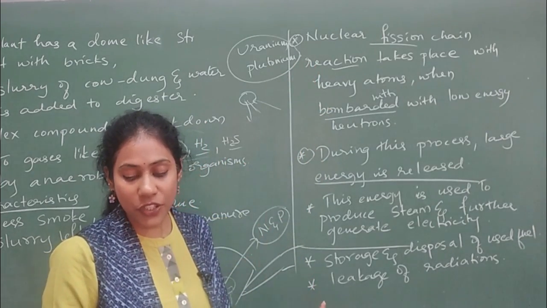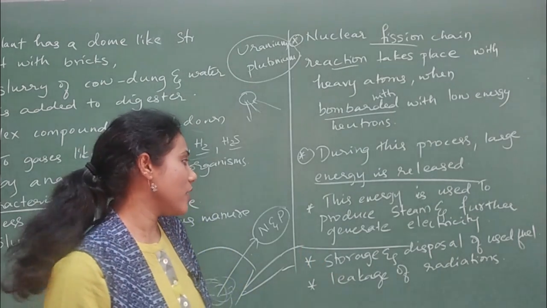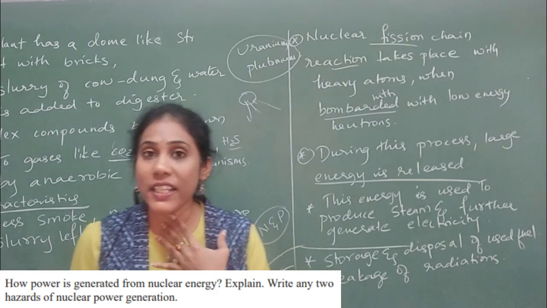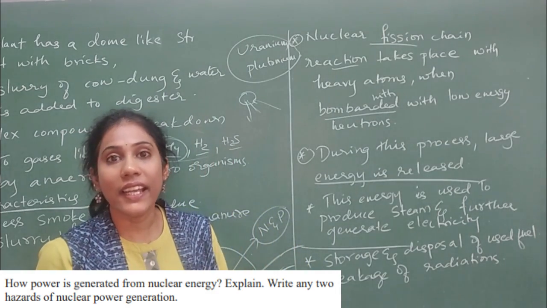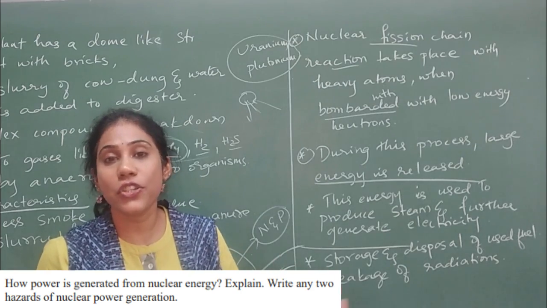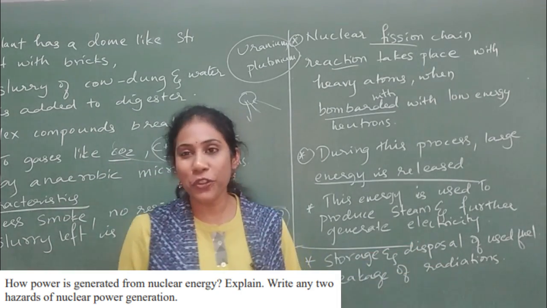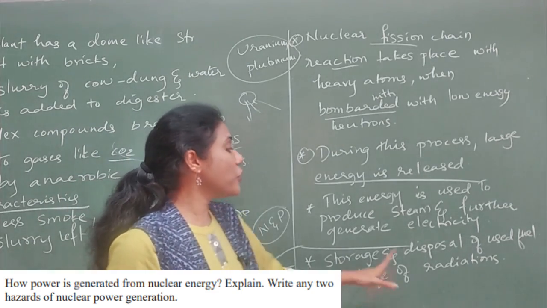And they also asked you the hazards of nuclear power generation, no? That means why nuclear power generation is dangerous. I mean, what are the disadvantages? Hazards in the sense of disadvantages of this process. One thing is that storage and disposal of used fuel is difficult, and the major thing is leakage of radiations.